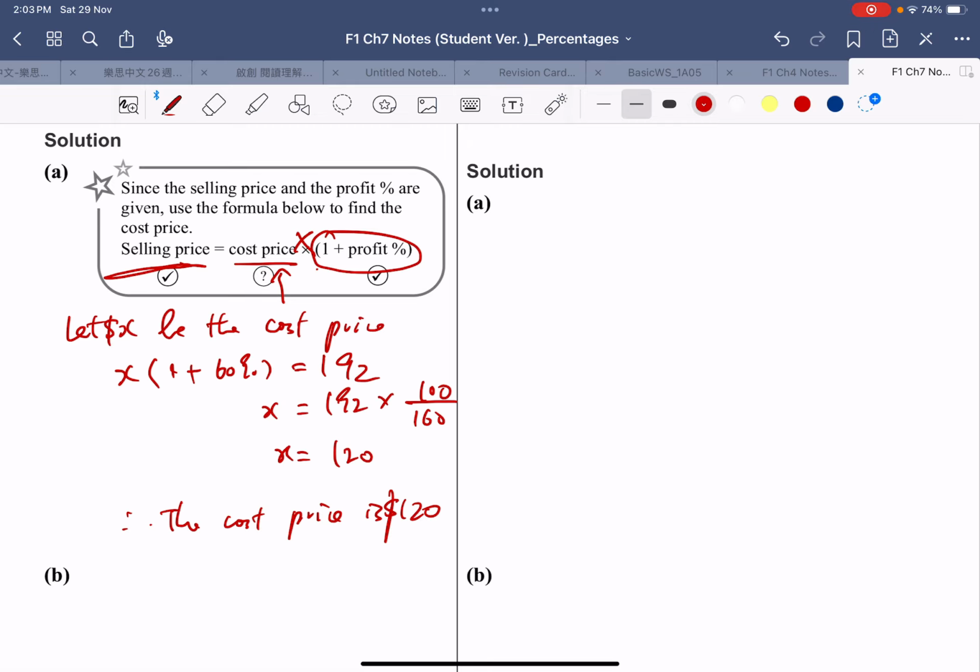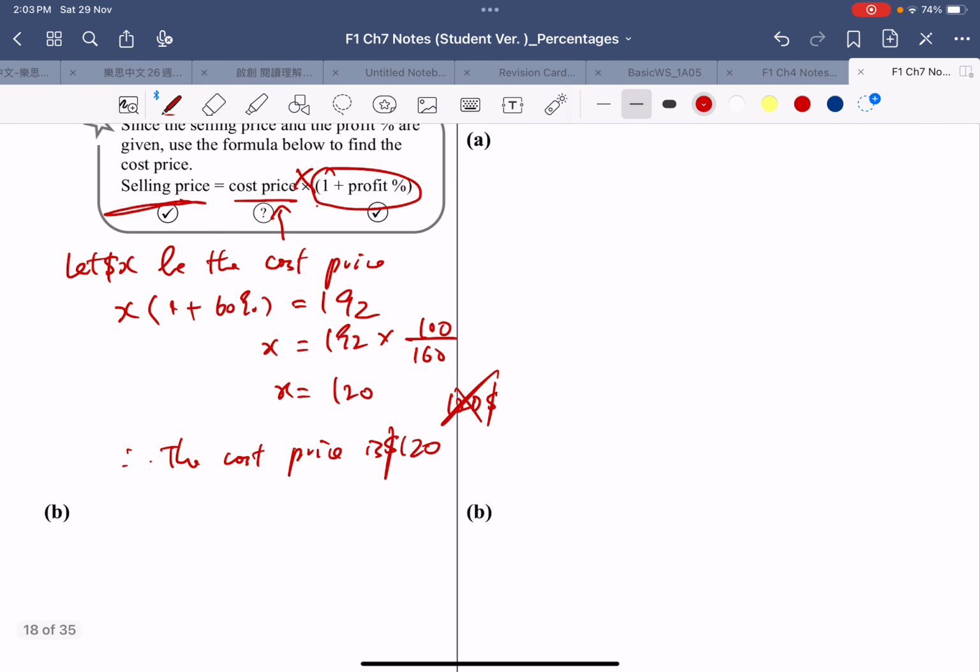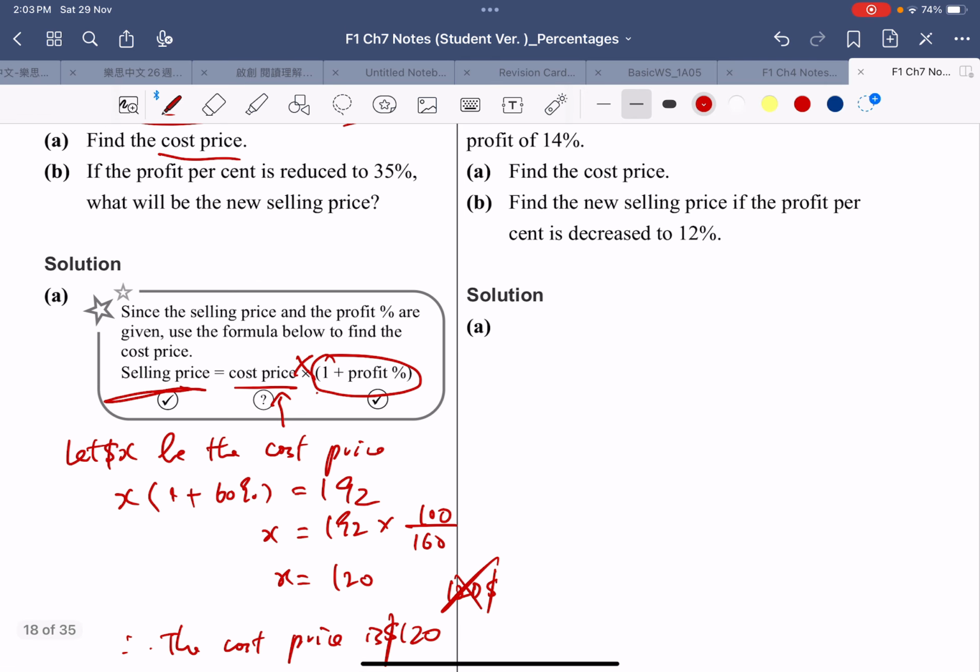Some students add the dollar sign here, 120, which is incorrect. So what's next? Find the profit percent, new selling price.